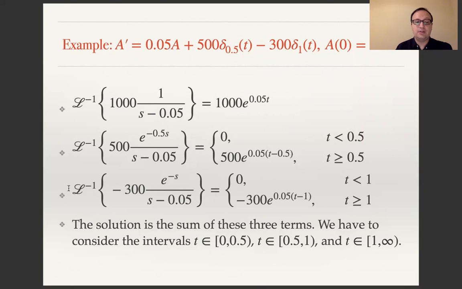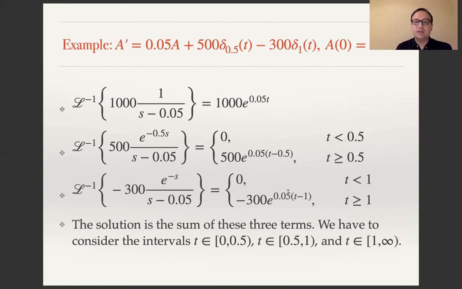And the inverse Laplace transform of minus 300 e to the minus S over S minus 0.05 is again an exponential shifted to the right by 1. And the solution is the sum of these three terms.